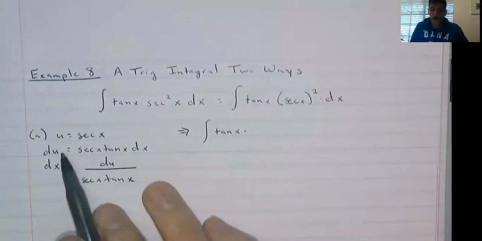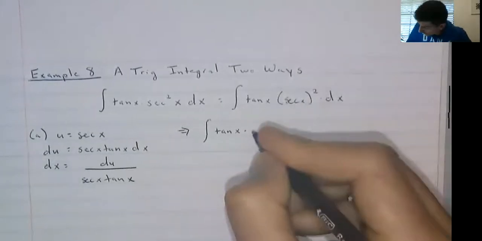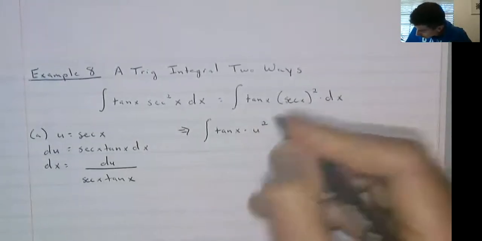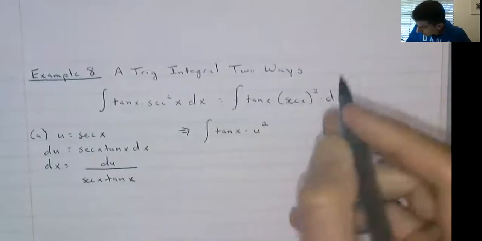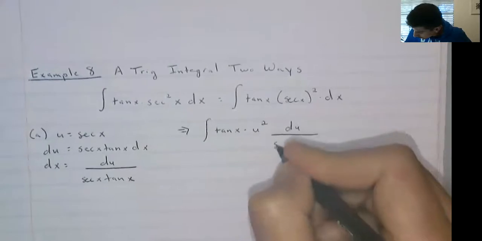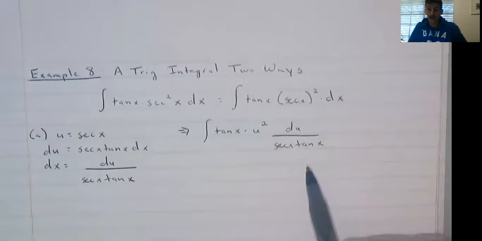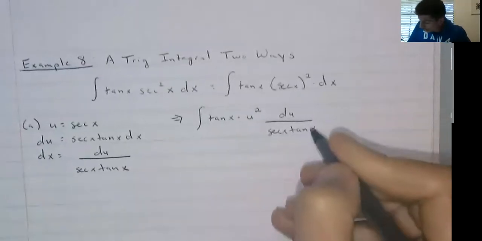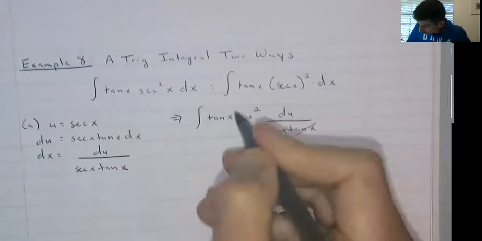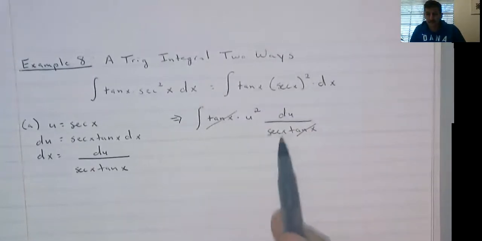If we're just blindly following the method, we would turn this into u squared, and then dx becomes du over the secant tangent. And then we would be like halfway magic here. We would see that the tangents cancel. But then we'd be like, we still got this sort of uncomfortable secant of x floating around.